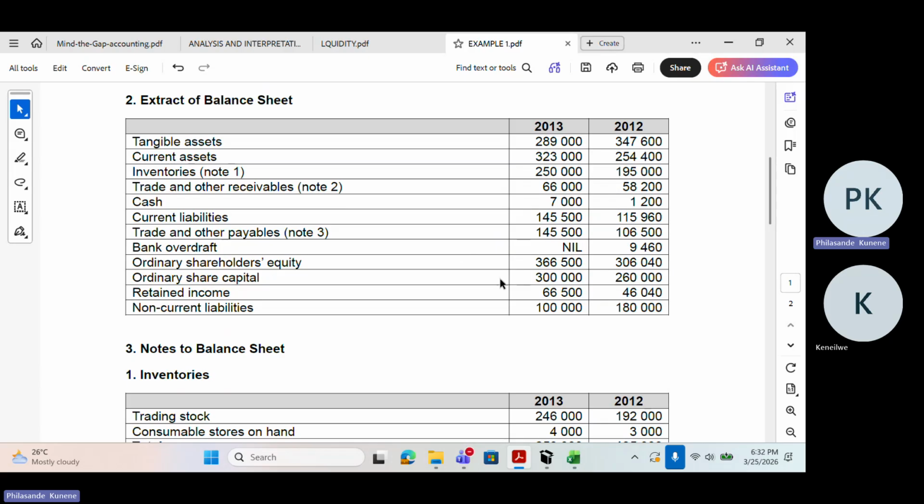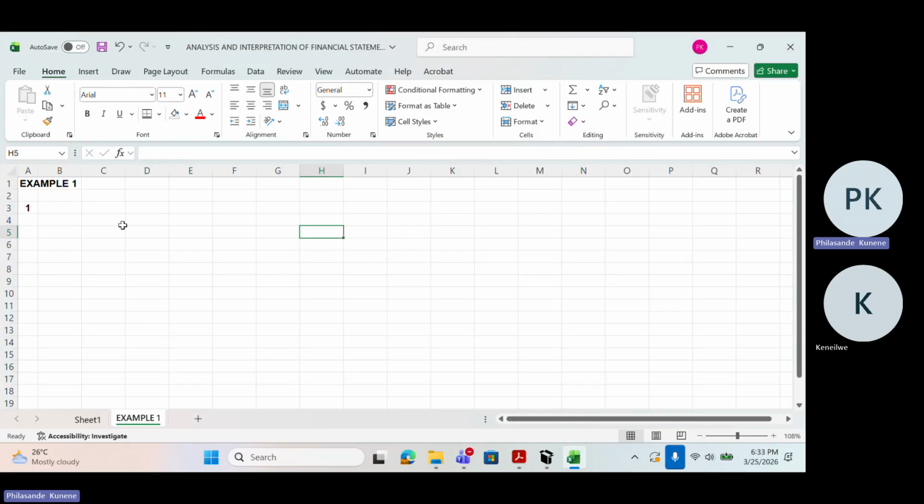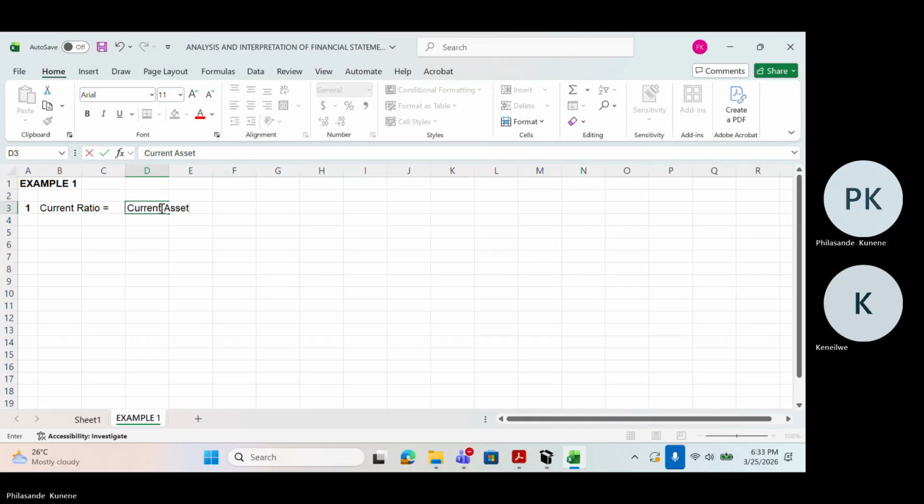I want us to do current assets to current liabilities, which is the current ratio. I want us to calculate the current ratio. We know that our current ratio is equal to current assets to current liabilities.